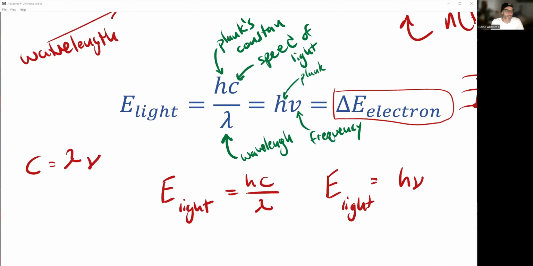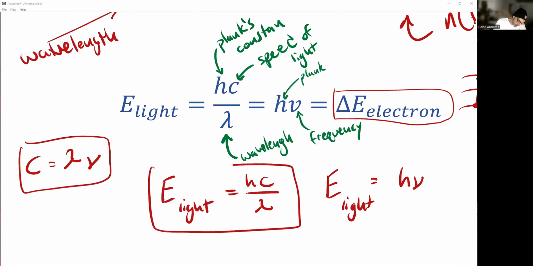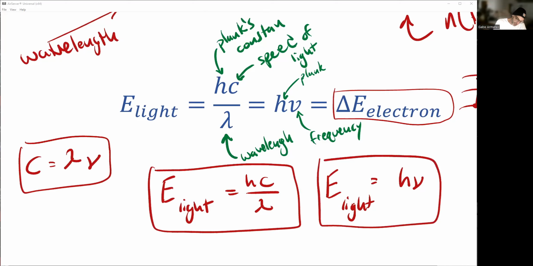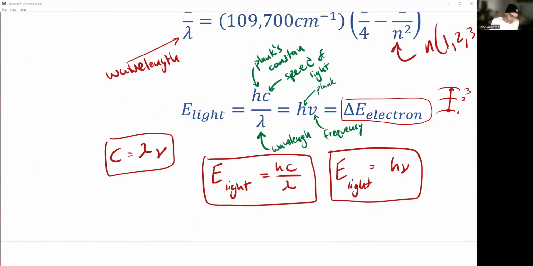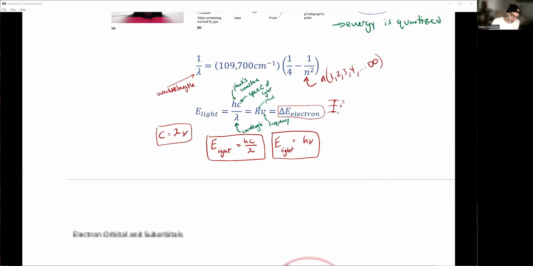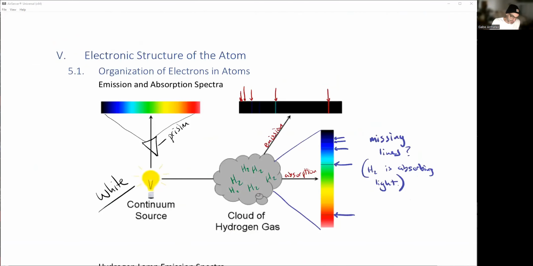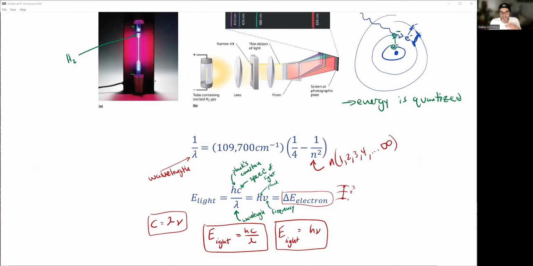So we're going to talk about these things, and those are just rearrangements, but these are the important equations to get. We're going to do some examples with these. In fact, we're not really going to have to use these so much, but I'm just showing you that we can associate energy with colors of light. We can associate energy with a frequency of light and all of this other stuff. But ultimately, the idea is energy is quantized, and that's all you need to know.